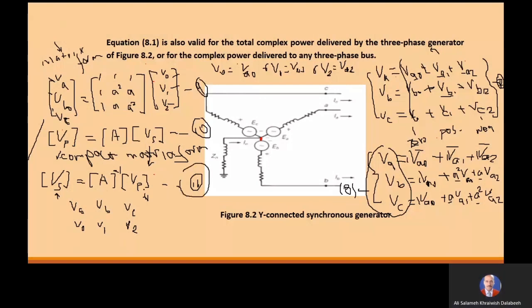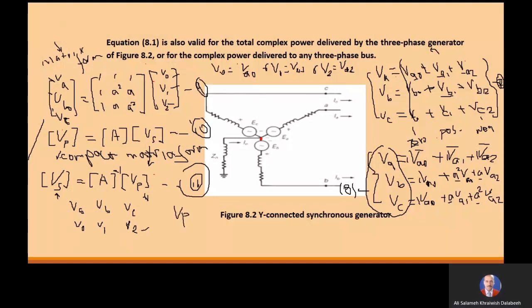And also if we have the sequence quantities, we can find the phase quantities by using equation number 10.